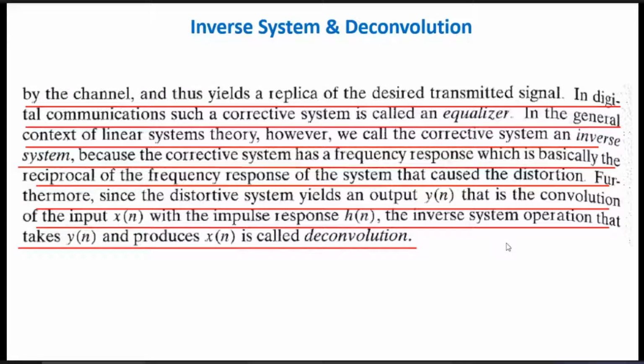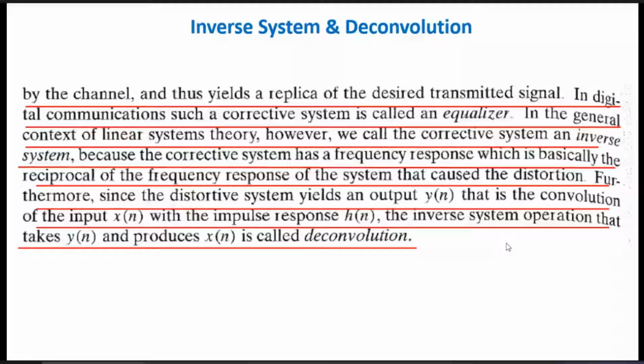Deconvolution produces the input from y[n] and the inverse of h[n].